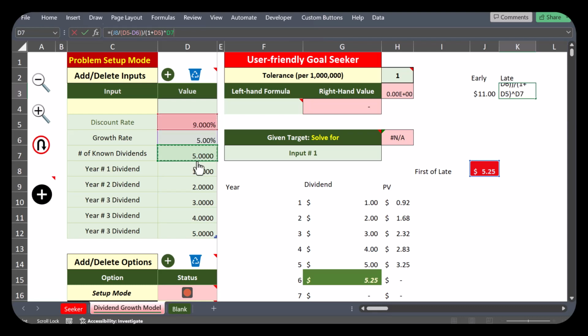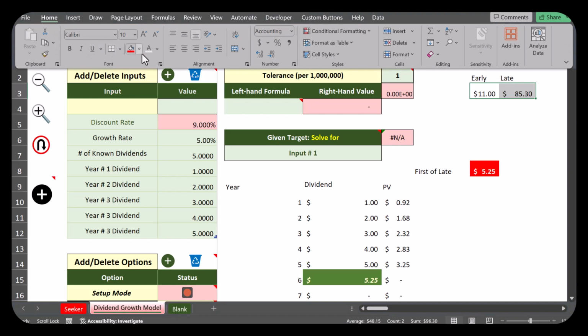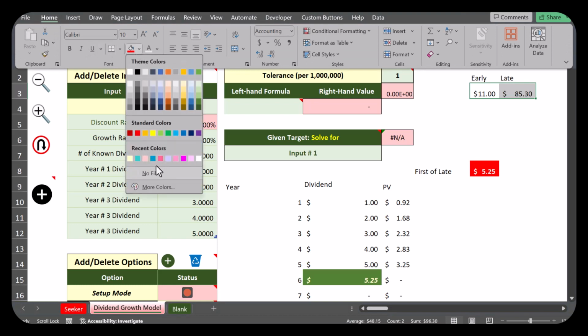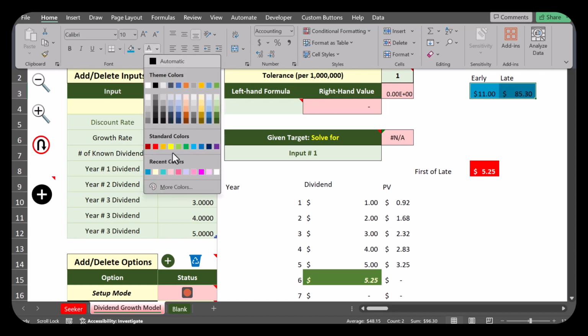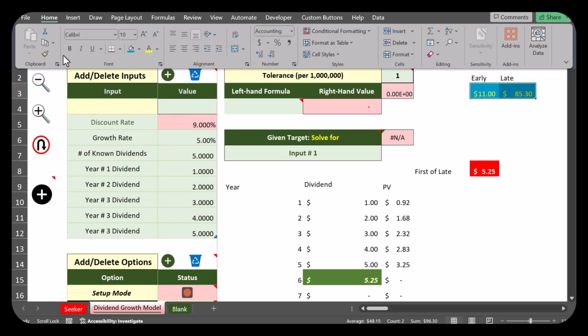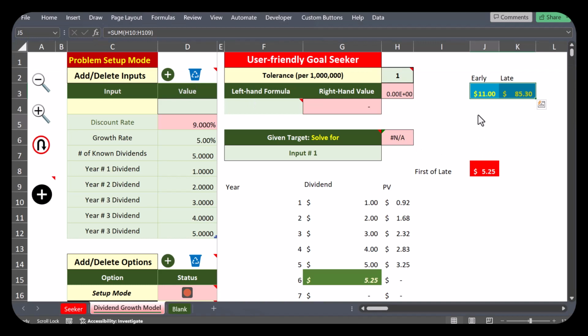Since these are intermediate numbers, I'm going to make them turquoise and yellow. Why? Because they're my numbers. I can do whatever I want. And value of the firm is early plus late.